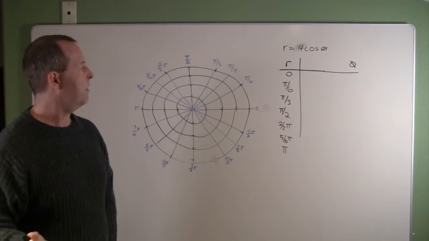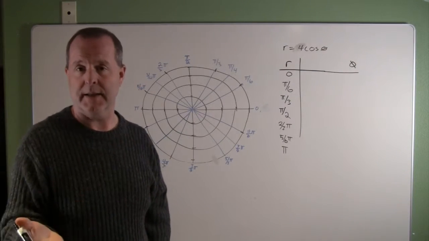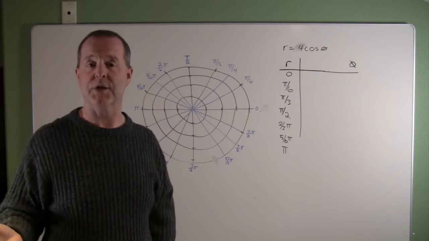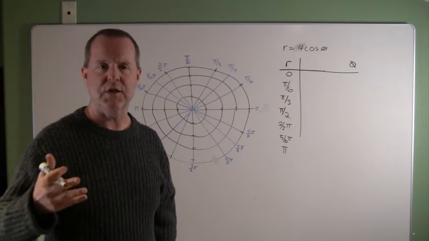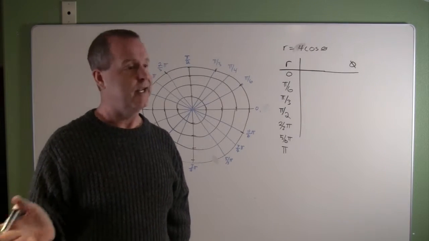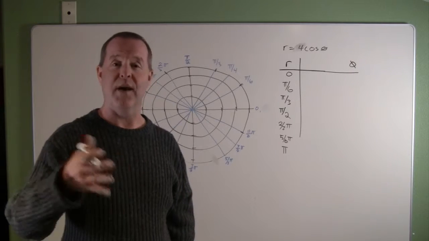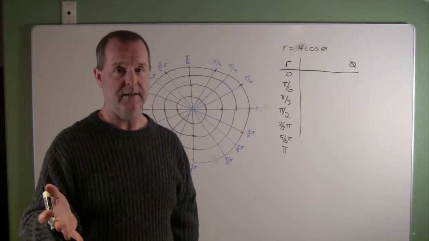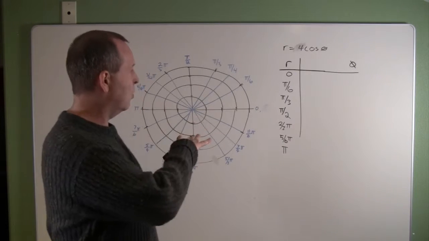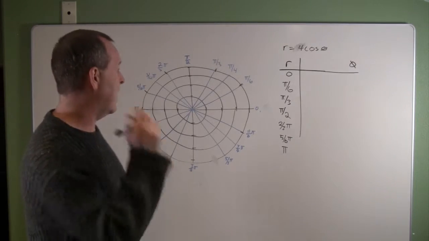We'll start with that and see if we need some more points, but those are just generic basic points that we can choose. Again, you can choose whatever points you want to. With more practice, you'll start to get a sense of which ones will be better choices than others. Just like in the XY world, we learned that -1, 0, and 1 were great choices. We didn't think so at first, but after practice we did. In the polar world, we're going to look at some of these beginning radians to get an idea.